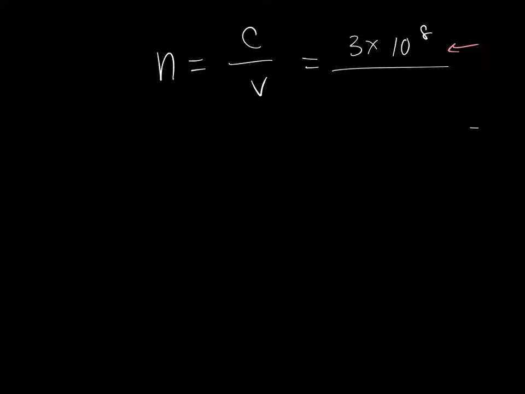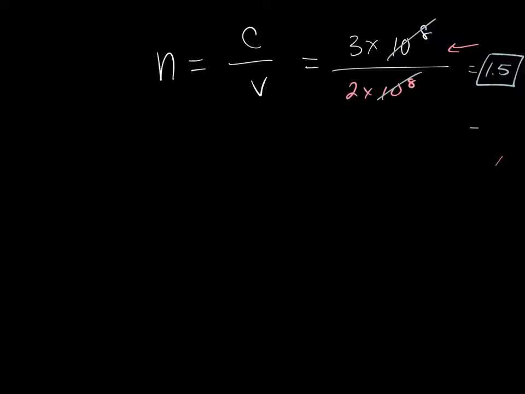So if I know that the object is going to slow down in anything besides a vacuum or air, it's got to go slower. For example, the speed of light in glass is 2 times 10 to the 8. Cancel, cancel. I get 3 over 2, which is 1.5. That's the n value for glass.